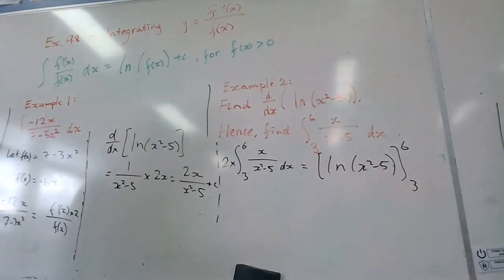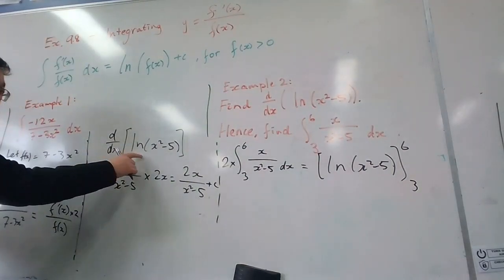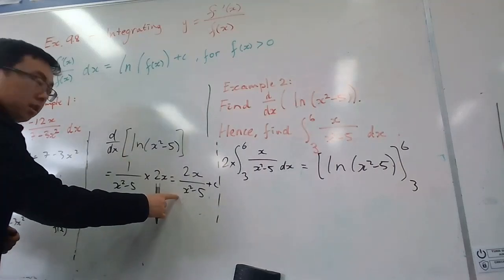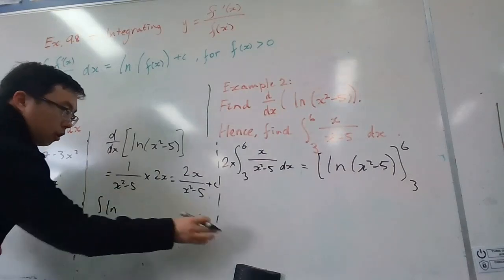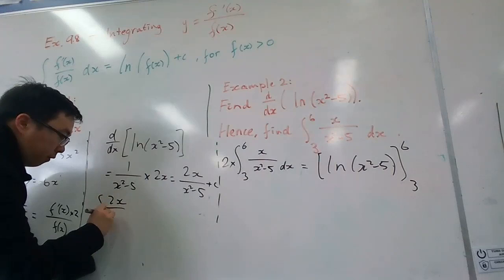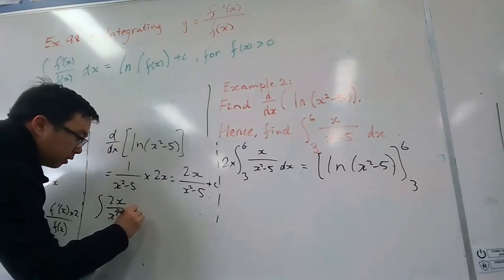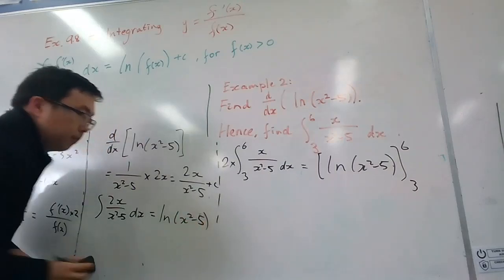Now, just to make that a little bit clearer, I'm going to rewrite that, okay? So I'm going to say that the derivative of this gives us this, right? So I'm saying, in other words, the antiderivative of 2x over x squared minus 5 dx equals ln of x squared minus 5. Okay?